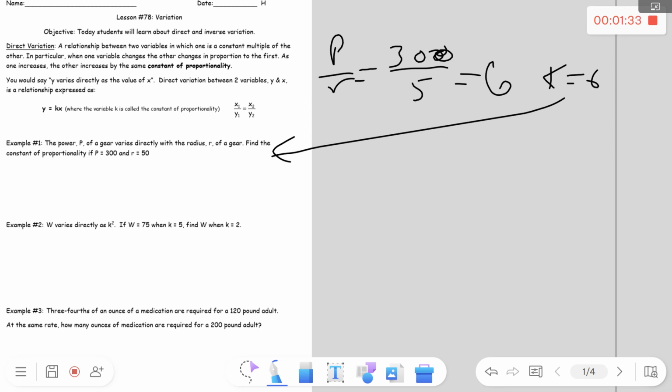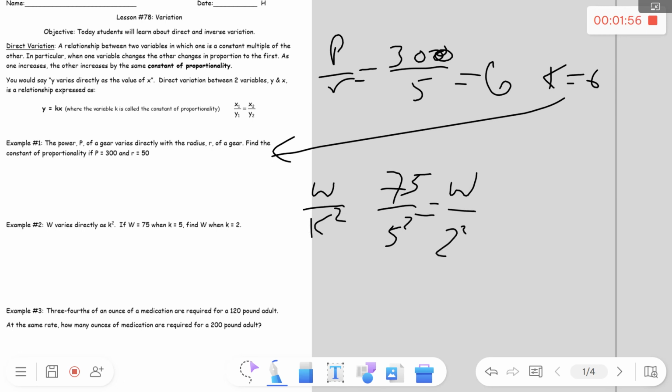Number 2 says y varies directly as k squared. Now be careful. This is capital W over k squared. If W is 75 and we have to now square the 5 because that's what the k value is, what's the W value, W2 in this case? You don't need the subscript when this is just 2 squared.